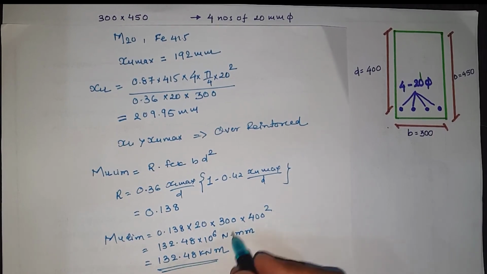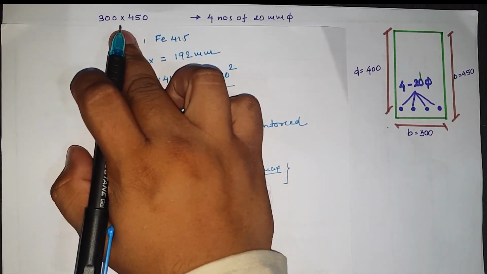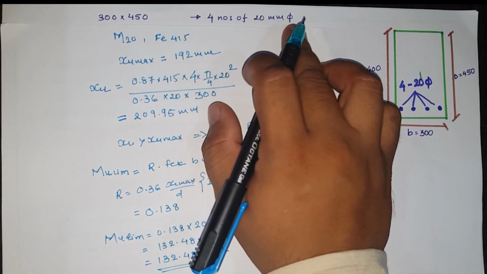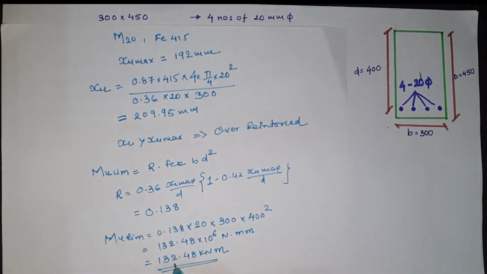So if the overall cross section is 300 by 450 with 4 numbers of 20 mm diameter bars, the moment of resistance is 132.48 kilonewton meter.